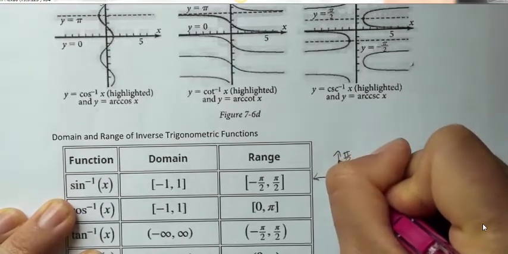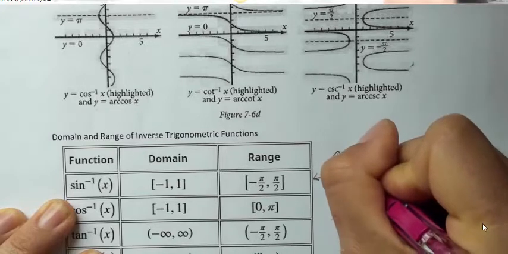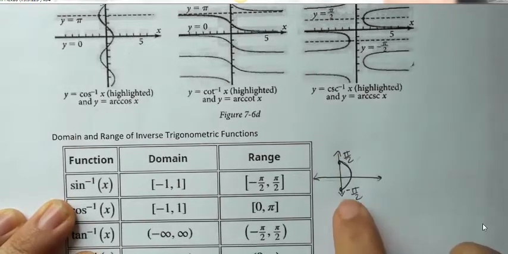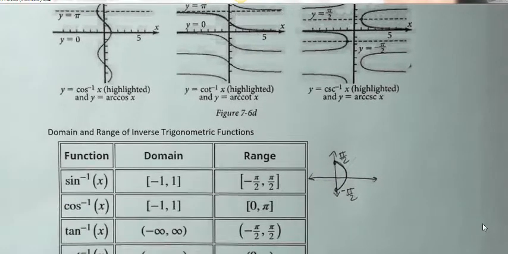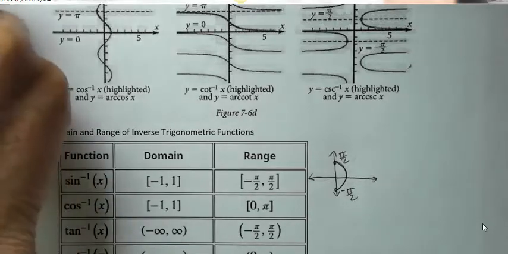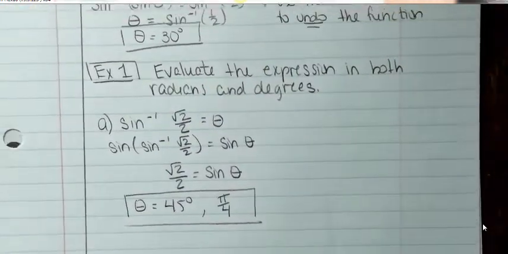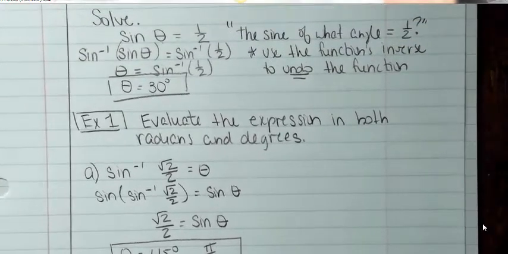That's where my angles can fall. So I'm just allowed basically quadrant 1 and quadrant 4. I can find angles in those two quadrants. Okay, so now let's go back. Let's apply this then. Oh no, that was sine as well. Those are both sines. Okay, cool.